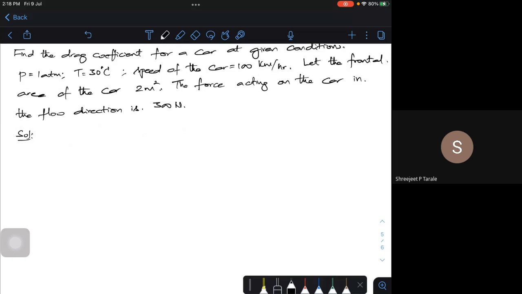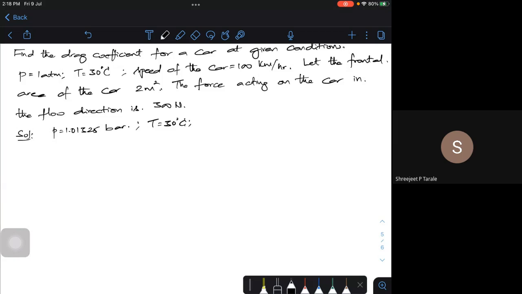Now, when you want to write a program or code for this, I should be able to input all these values. So what are the values? I should be able to input the pressure. Pressure is 1 atmosphere, or P is equal to 1.01325 bar. The temperature I need to input is 30 degrees Celsius.